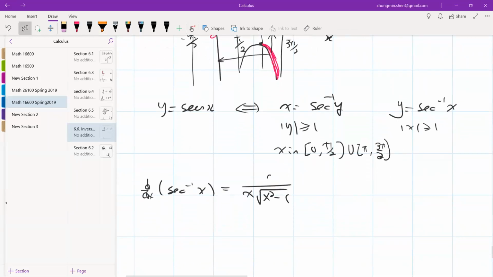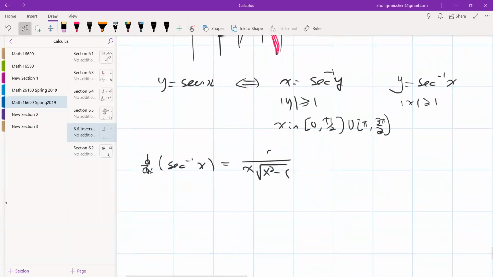Yeah, so this is a new function, right? And similarly, you can define the arccosecant x.